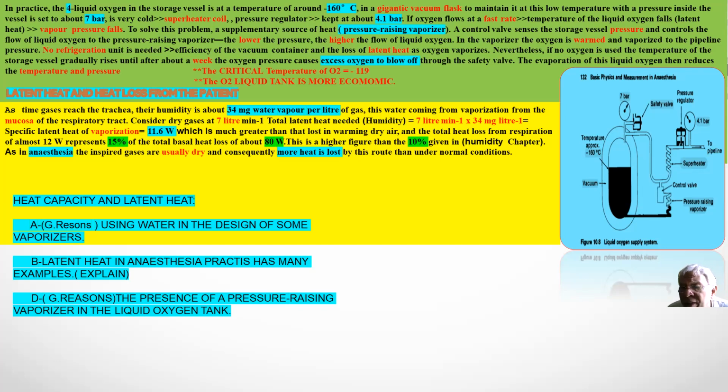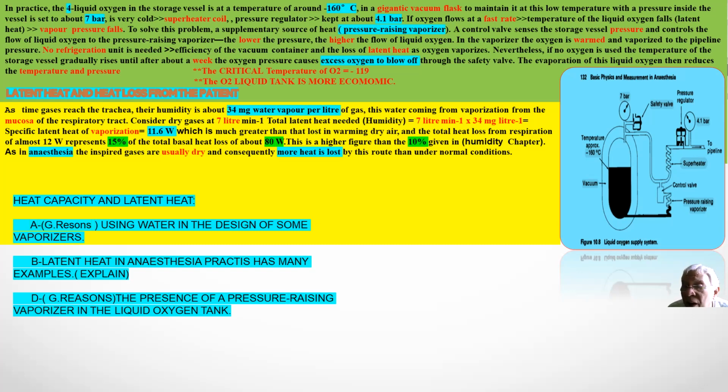We have two situations. Suppose the takeoff of oxygen is much increased in some situation. This will take much of the latent heat, and the pressure inside will decrease and the temperature will decrease. So to keep this system stable under too much takeoff of oxygen, we have what we call a pressure raising vaporizer.